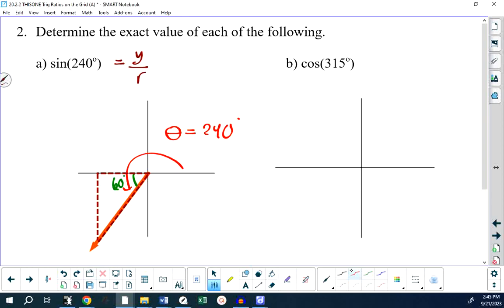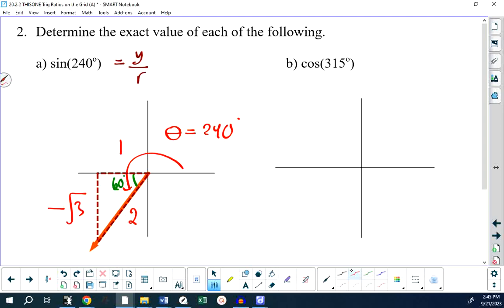You know this triangle. This is 2. This is 1. And this is root 3. Except it's negative root 3, because it's a y value that's negative.